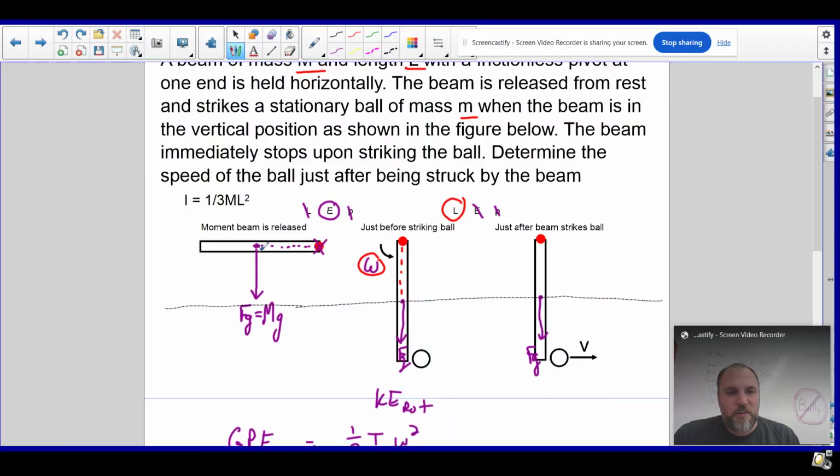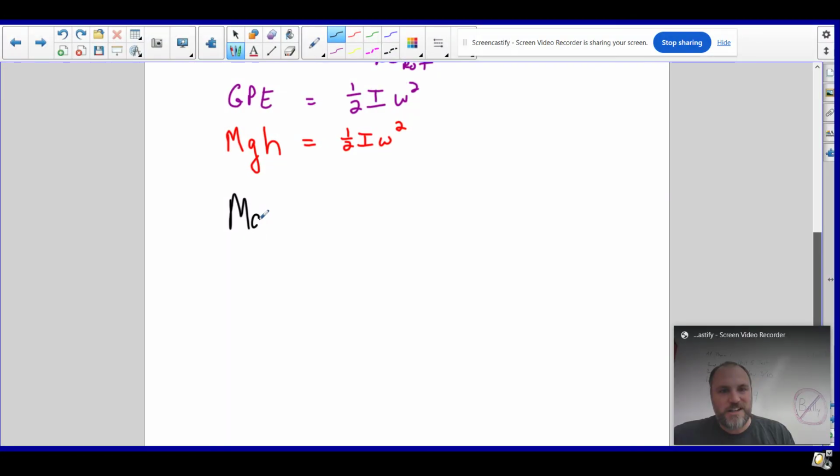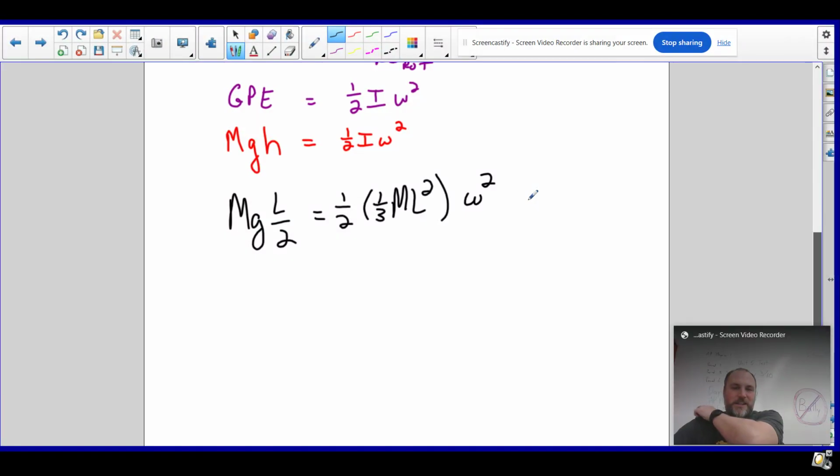From the first position to the vertical, the center of mass has been lowered by a distance of L over 2, because the center of mass is located in the middle of the beam. So that height is just L over 2. And I can also replace the moment of inertia with 1/3 ml squared, the moment of inertia of a rod or beam around its end. Then I'm trying to get an expression for omega in all legal terms, just m's and l's and g's.